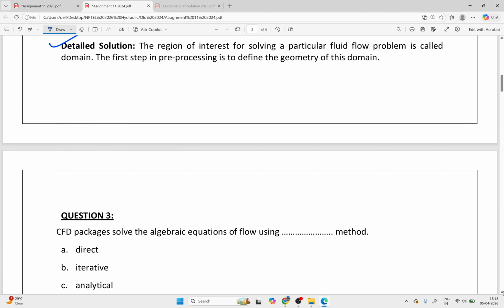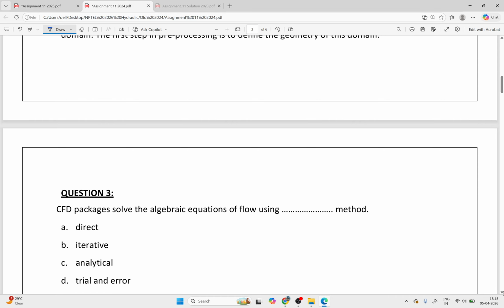Next question. What is it telling about a CFD package? A CFD package is nothing but a program already written. The RANS equations and the discretization are already written in programming form.